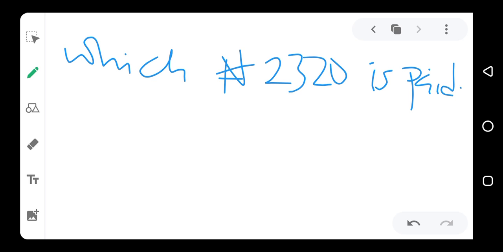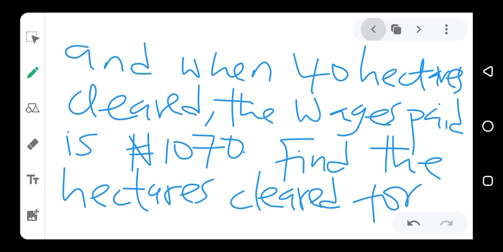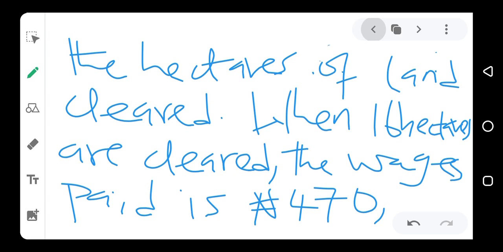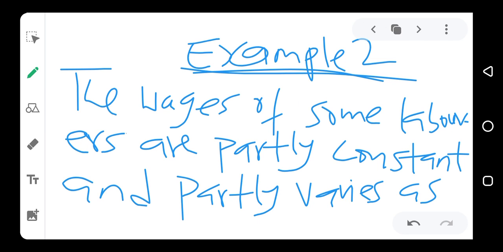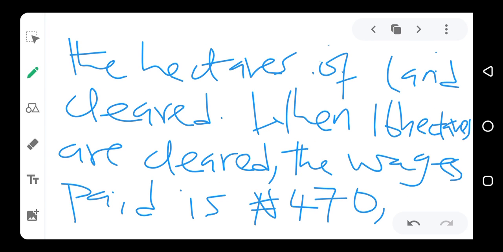Okay, so let's look at the question. This question is a word problem. The wages of some laborers are partly constant and partly varies as the hectares of land cleared.